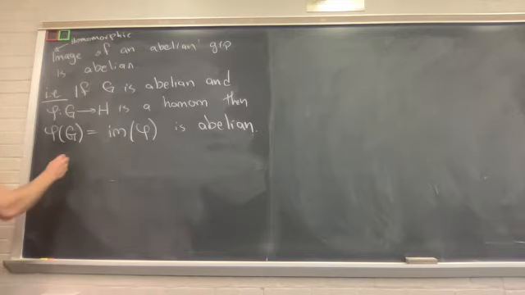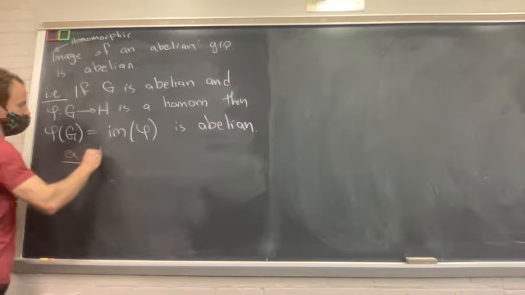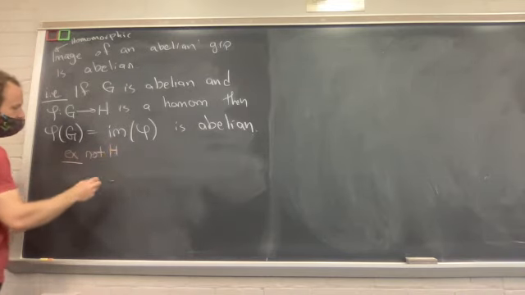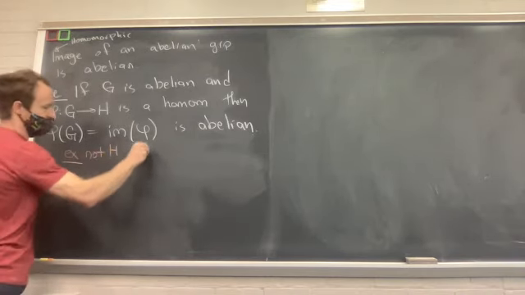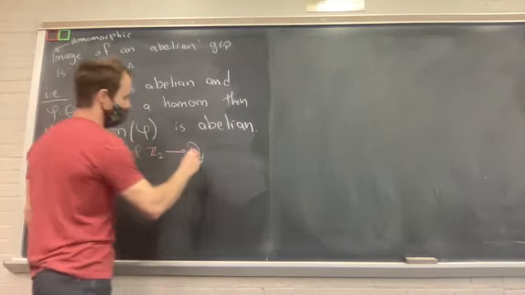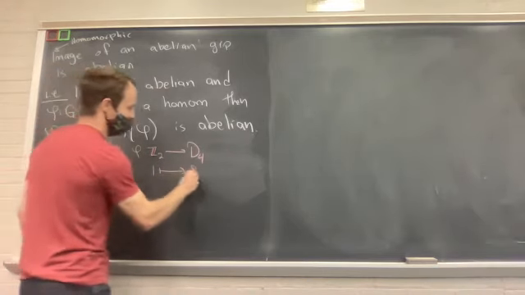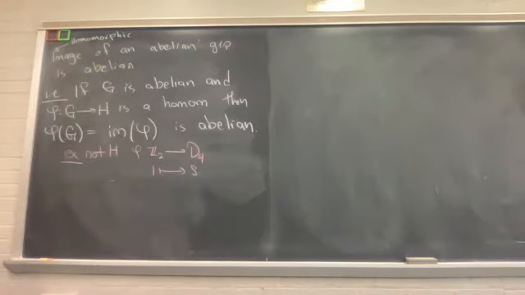So let's look at a little example of that. So not H, that's what I'll put here. We could take the homomorphism phi from Z2 to D4, and we could take 1 to S, right?